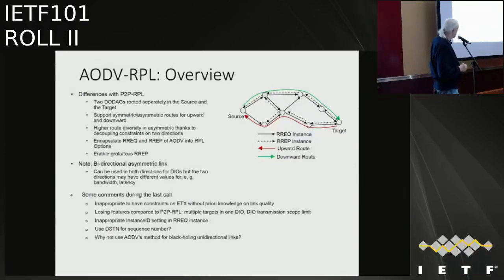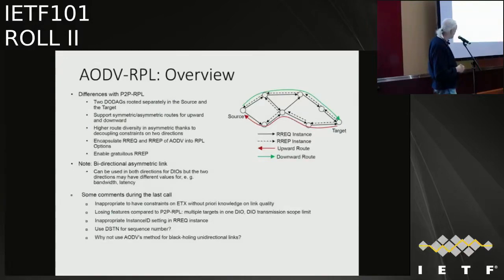The instance ID: the route request and route reply set up different Ripple instances, and we want those to be associated, at least for the purposes of reduced signaling, to make the control messages smaller. Another suggestion was made to use the DTSN for the sequence number.